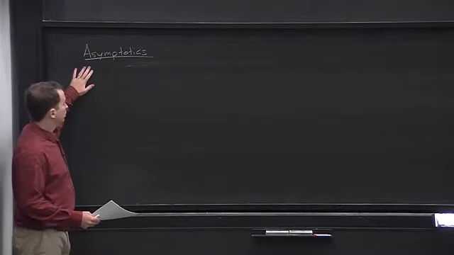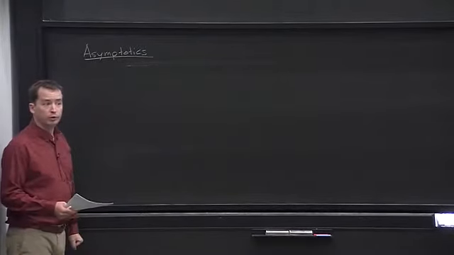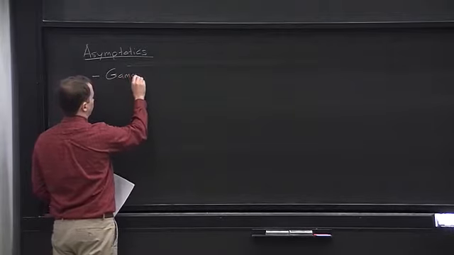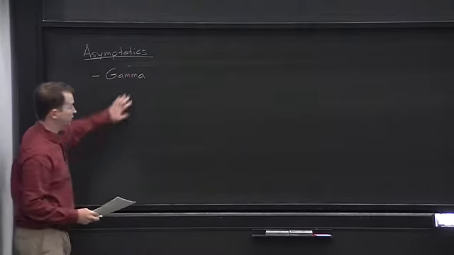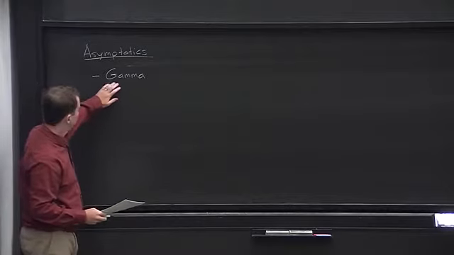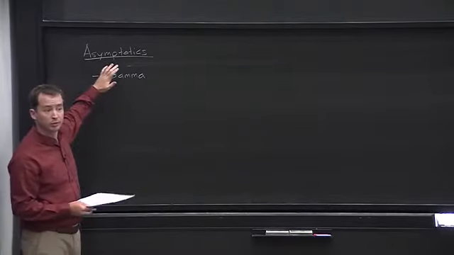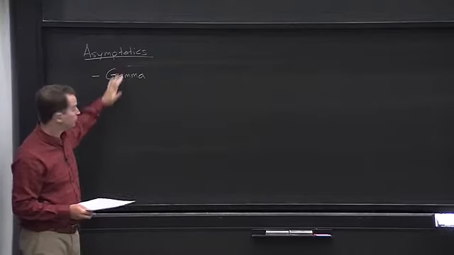And so let me just give you a brief outline of where we're going over the next two lectures. So first, I'll very briefly discuss the gamma function for two reasons. One is that it will provide a nice example of some of the techniques that we're going to use.